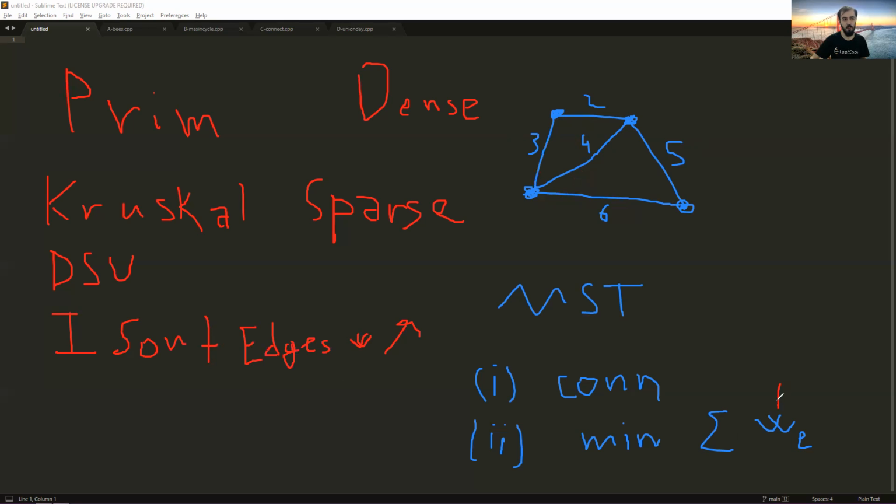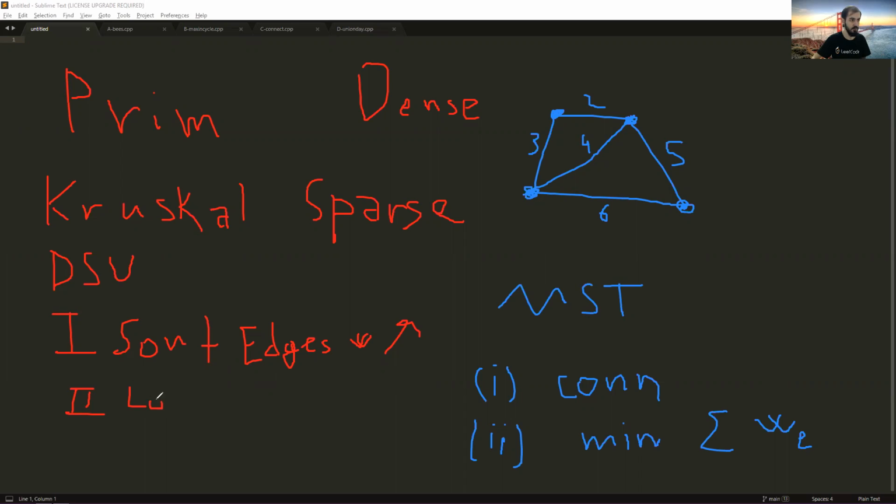Alternatively, you can see the weights denoted as lengths, or sometimes cost, again from the analogies with road construction cost. So don't be confused when I use these terms alternatively. Okay, so we sorted edges and we process them one by one.